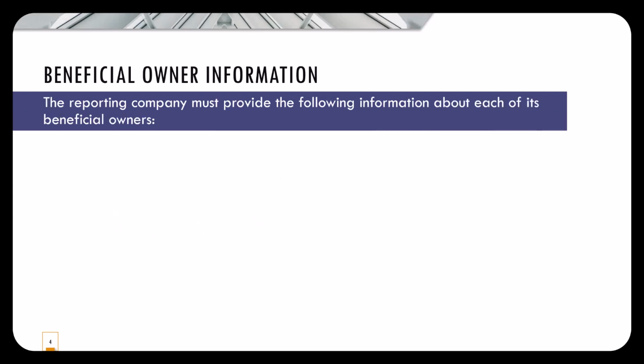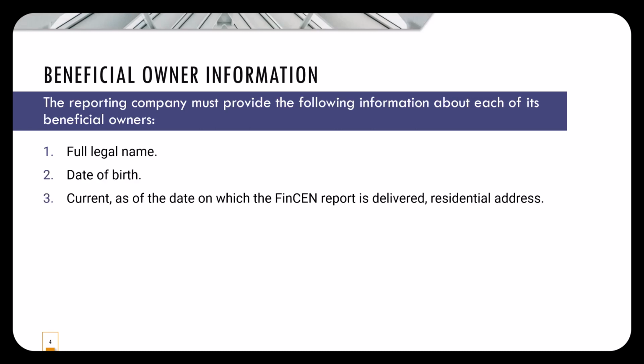Now, for each beneficial owner, you have to provide the following information: the person's full legal name. And by the way, a beneficial owner can only be a person, can't be an entity. You need the person's date of birth, and the person's current residential address as of the date the FinCEN report is delivered.